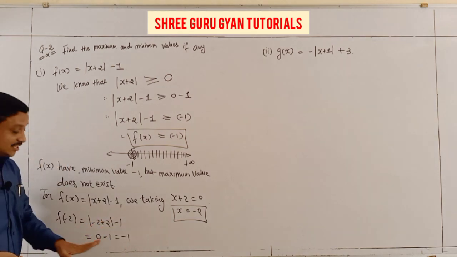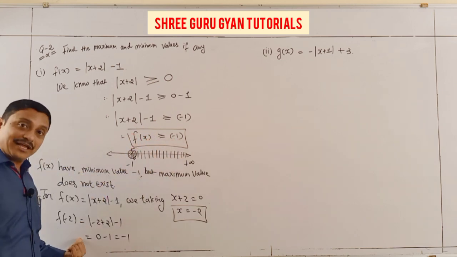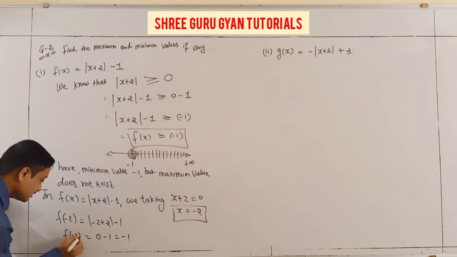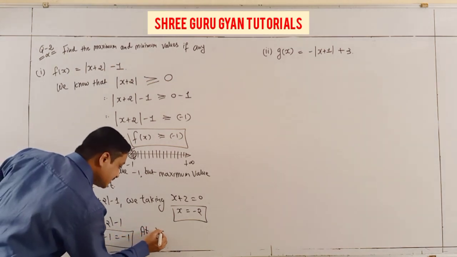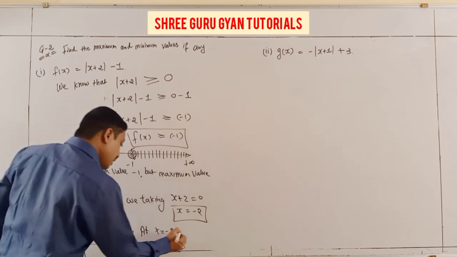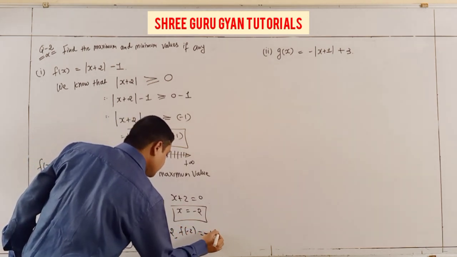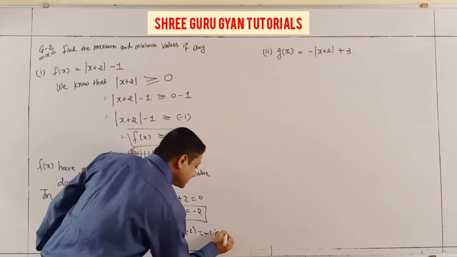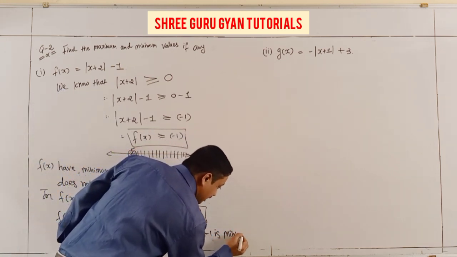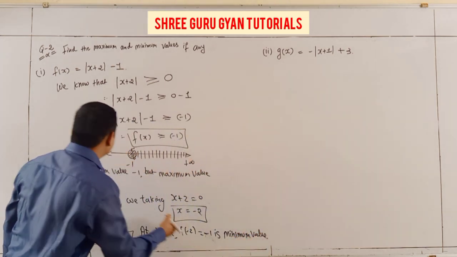So at x is equal to -2, my answer is finally f(-2) = 0 - 1 = -1, which is our minimum value. And here students, your first question is done.